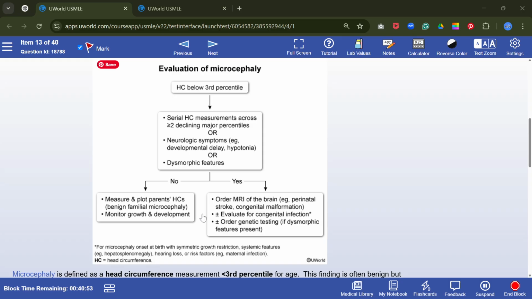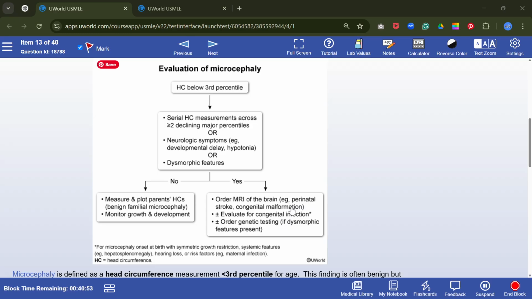If yes, that means if there is presence of dysmorphic features, presence of neurologic symptoms, or serial head circumference across two or more declining major percentiles, then order an MRI of the brain. Why?